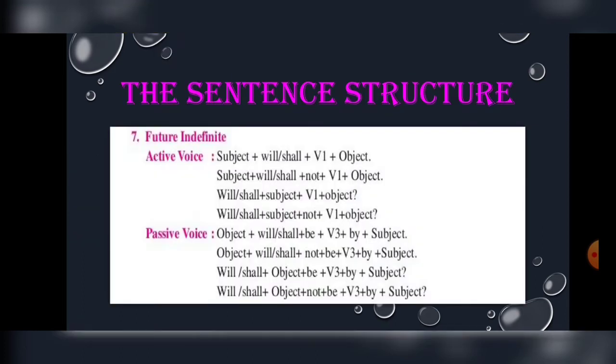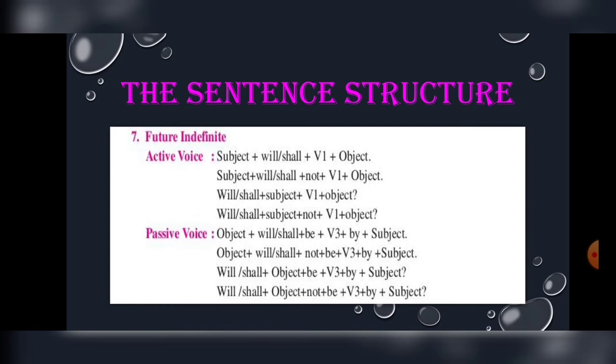Note down the sentence structure. For active voice, subject plus will or shall, and always use first form of the verb with will or shall, and at the end object. Then subject plus will or shall plus not plus first form of the verb and object in case of a negative sentence.